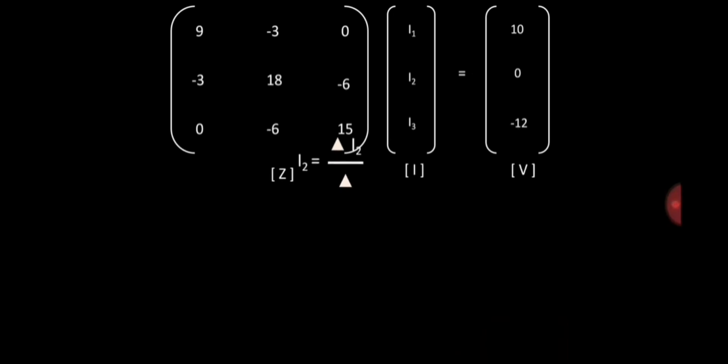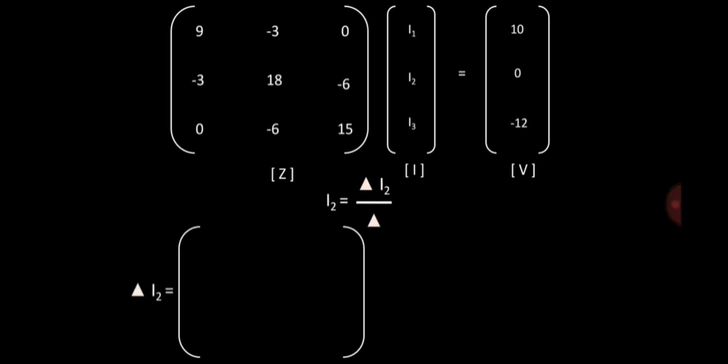For I2, by doing the same, you have to replace the values in the second column with the values across the equal sign. So you'll have 10, 0 and negative 12.